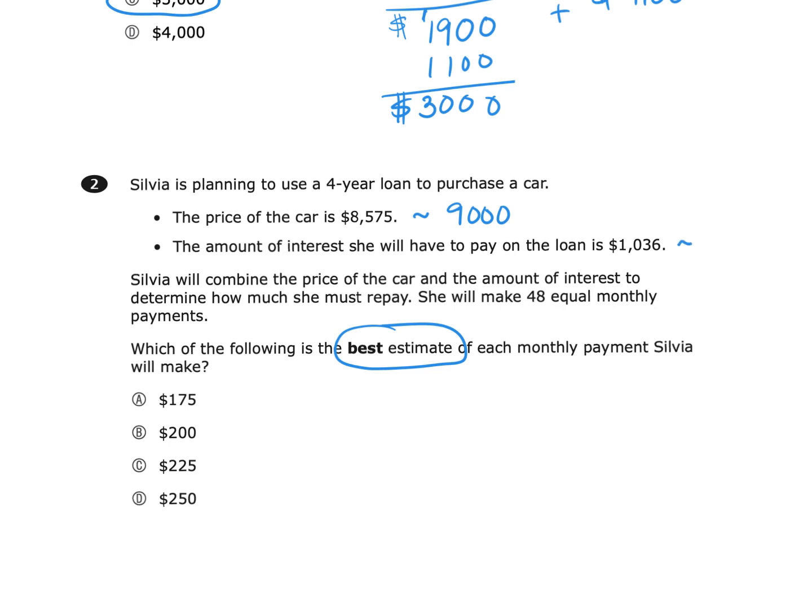Then I'm going to round that to 1,000, because that's the nearest 1,000 it's closest to. Sylvia will combine the price of the car and the amount of interest to determine how much she must repay. So again, we're combining, so we're adding. So 9,000 plus obviously 1,000 for interest is a total of $10,000.